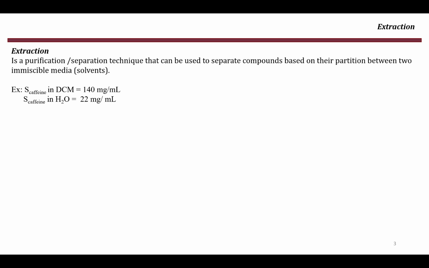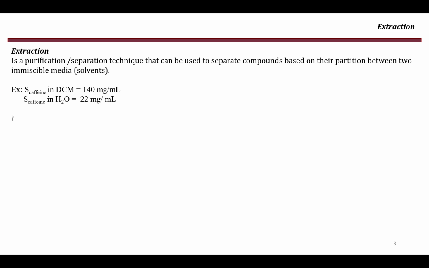So whenever we have a mixture of dichloromethane and H2O, and we have caffeine in this mixture, we will notice that caffeine will be distributed between the two solvents, but it will prefer to stay in dichloromethane with the larger quantity. This principle governs the extraction process and helps in separating compounds, as we will see later on.